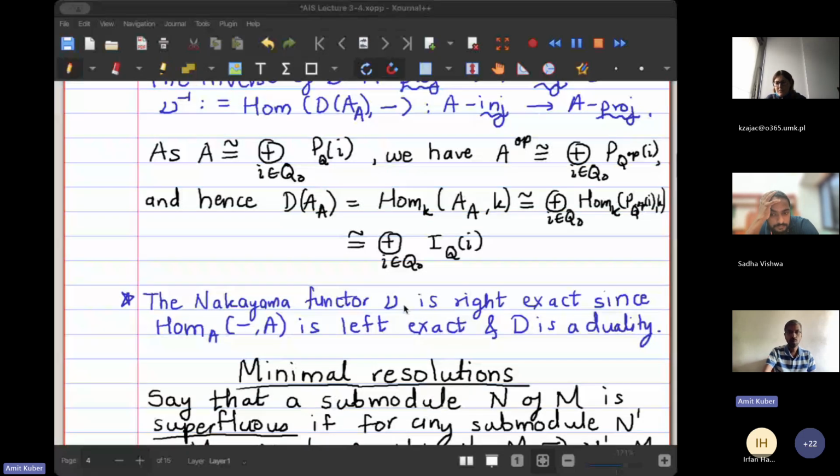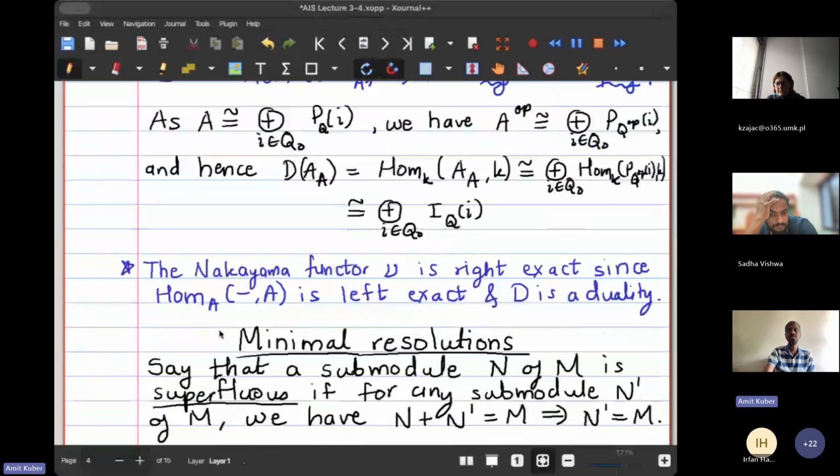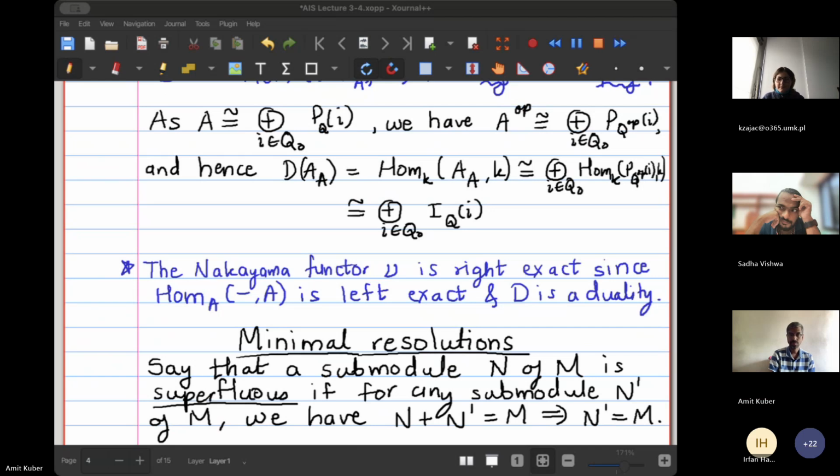Okay, so how are we going to use these things? In general, we know that the global dimension of an algebra could be infinity. Even a bound quiver algebra could have infinite global dimension. We saw one example yesterday during the tutorial where the global dimension was actually infinity.